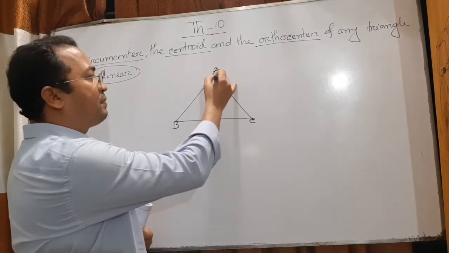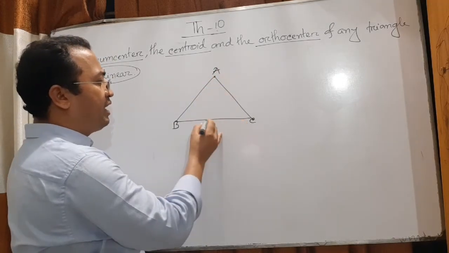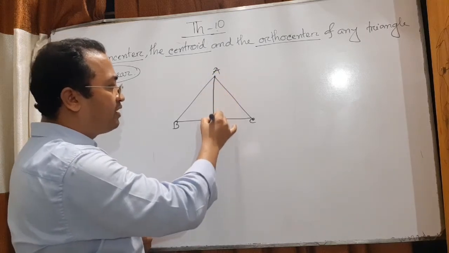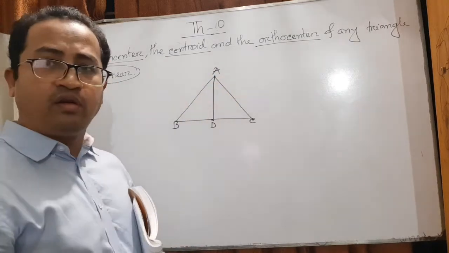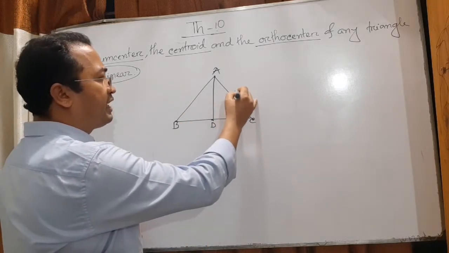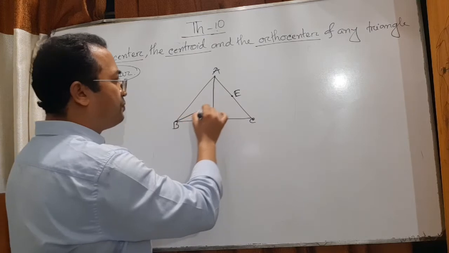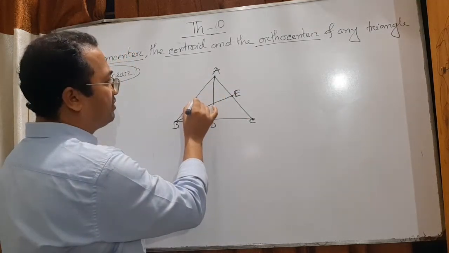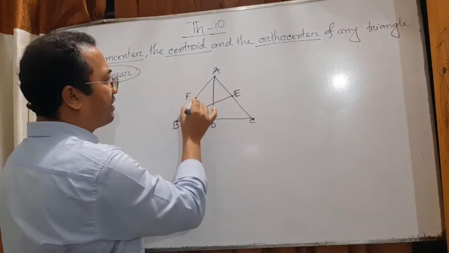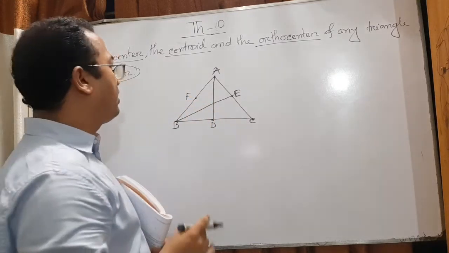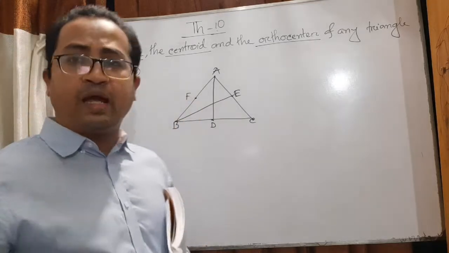The opposite side of vertex A is BC and the midpoint of BC is D. So AD will be the median. Again, from B to the midpoint of AC, which is E, BE is another median. And another median from C: the opposite side of C is AB, and the midpoint of AB is F.